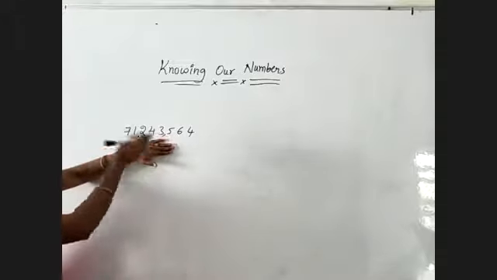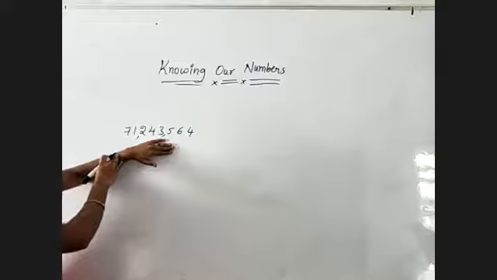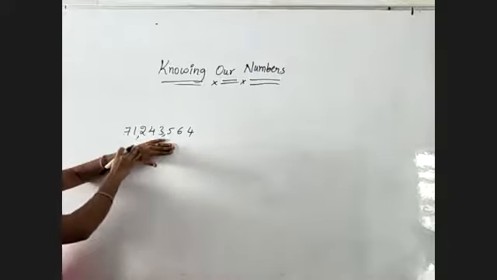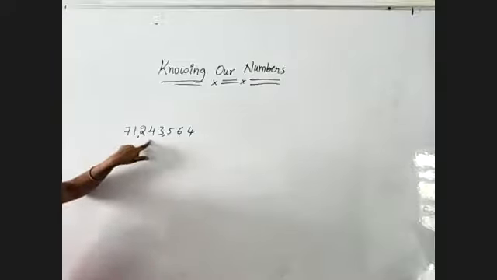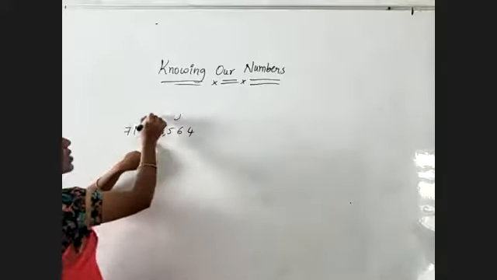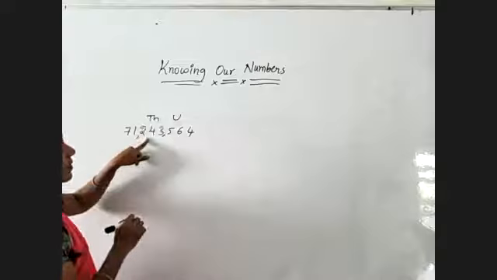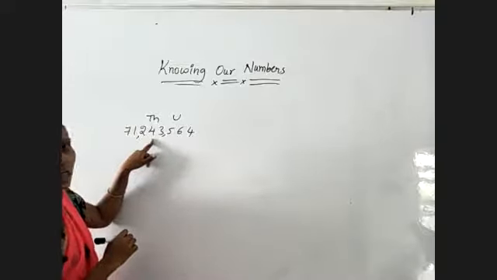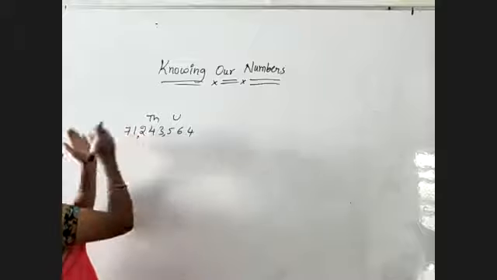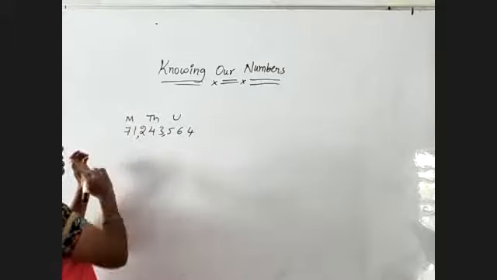Now observe the second period, the thousands period. Here in the thousands period we have 3 digits. Three digits means it comes under the international place value system. The next period is million. So it is very simple.